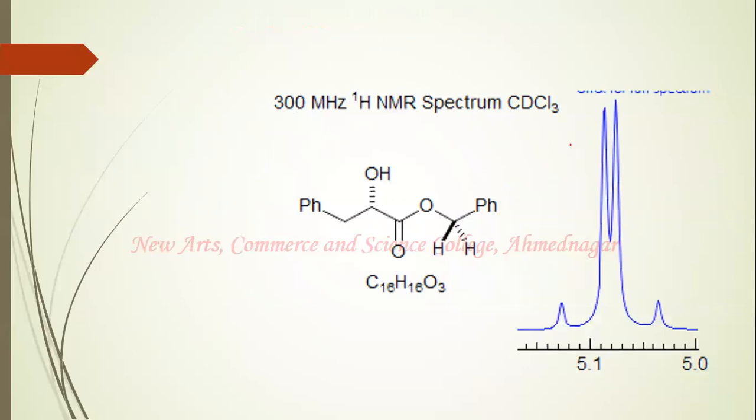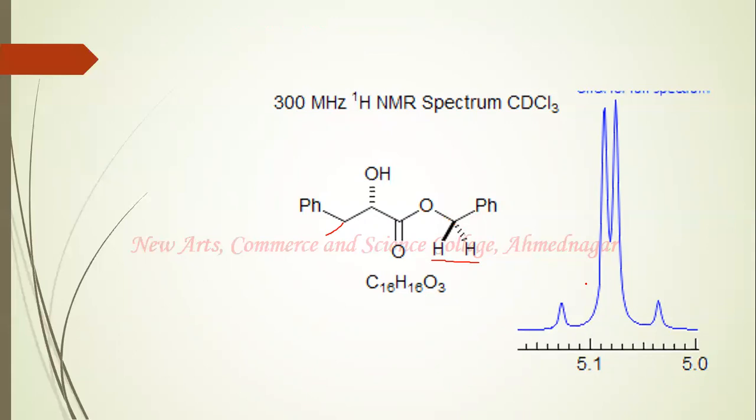This is another case where we can have the AB quartet, the two protons present on this carbon atom. Sorry, not on this, these two protons. As the CH2 is attached to oxygen, the protons are de-shielded.